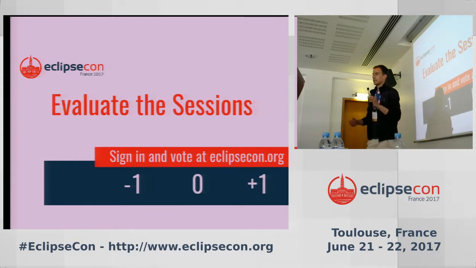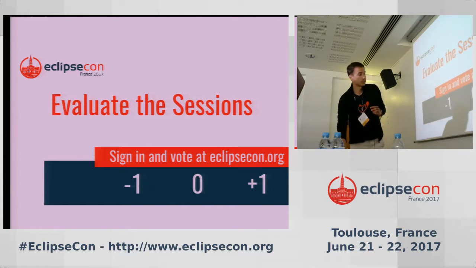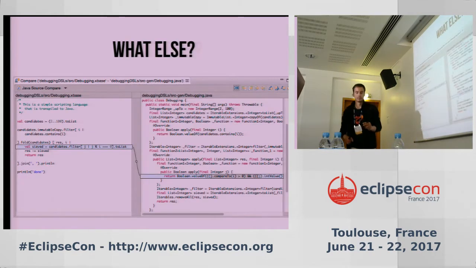So the question is, I used the term smart compare, and what is it about? Let me go back to the slide and explain it briefly. Here on the left we see the DSL, but we do not immediately compare the DSL with the generated code. We translate the DSL to generated code and compare that with the modified generated code. This is the code where users put their fingers in, and behind this DSL source there's the code that would be generated by our code generator.